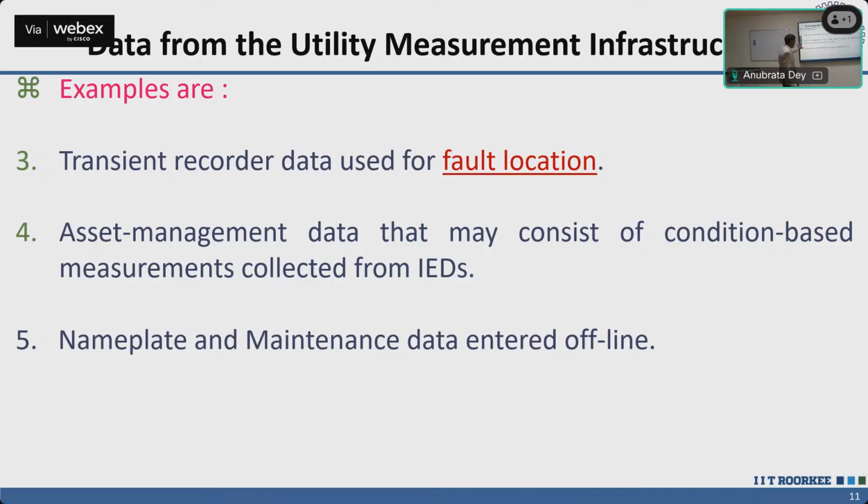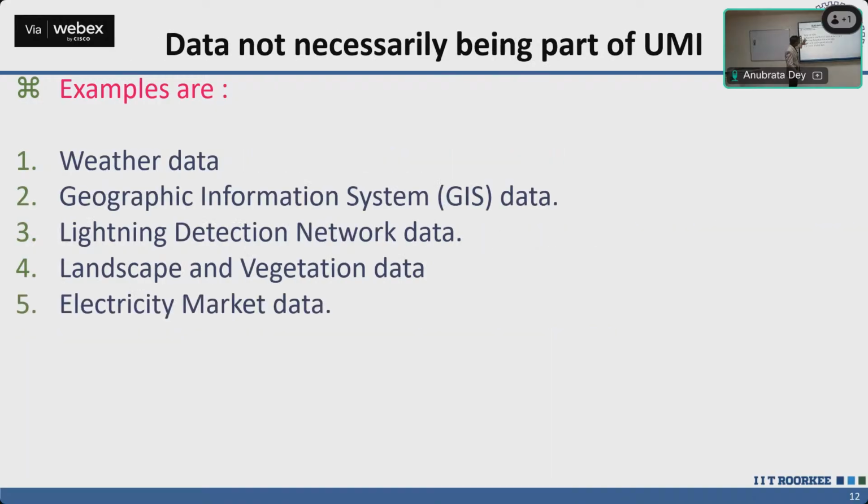Which are very essential. Now, some of the data which are not essential fall under the second category. Those data are weather data, because weather data is also required very much. Geographical information system data, GIS data, lightning detection network data.